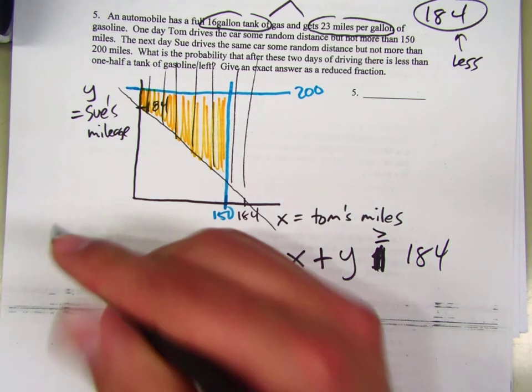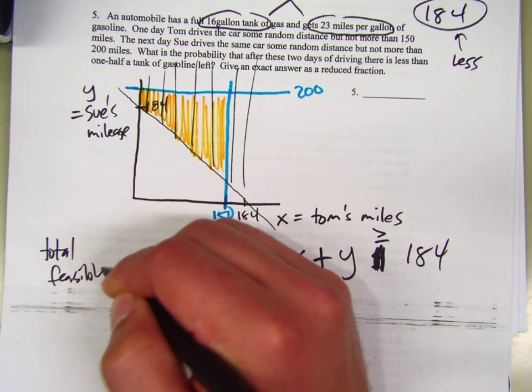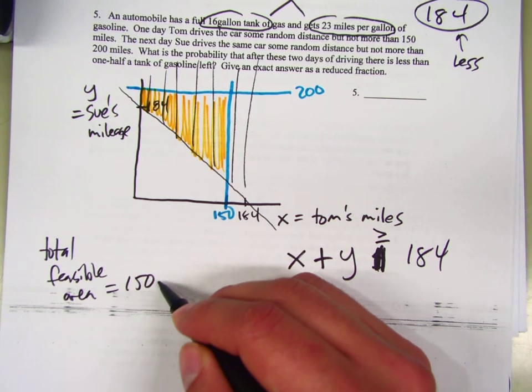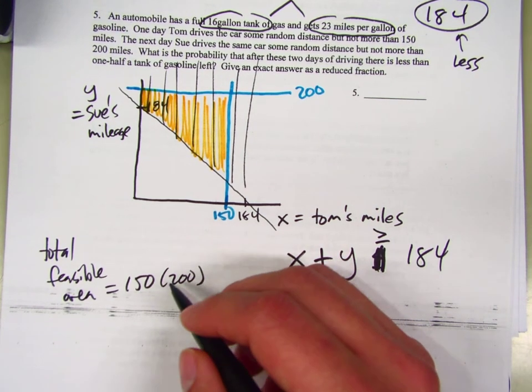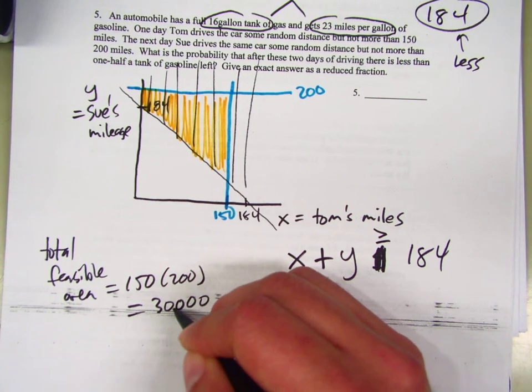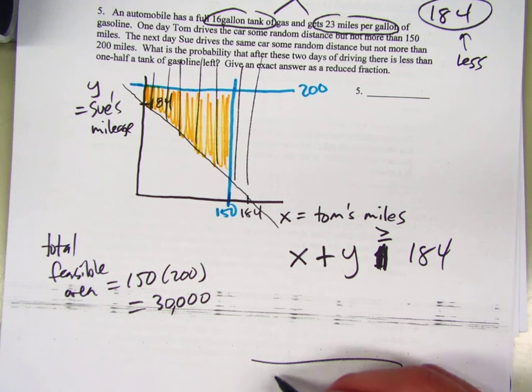So the total feasible area is 150 by 200, which is 30,000. And that's going to be my denominator.